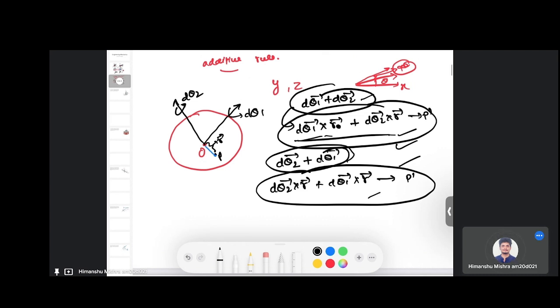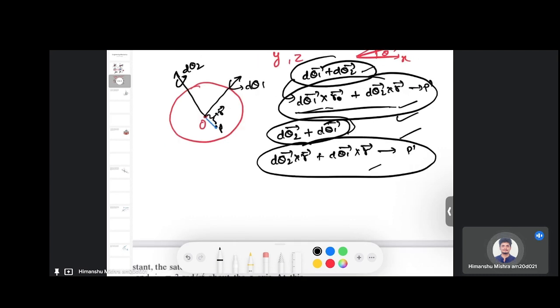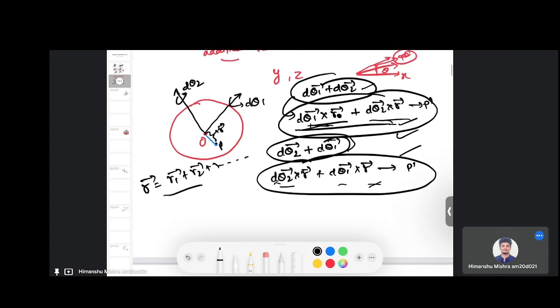A vector can follow the linear combination of other vectors. For example, a vector can be defined by r1 plus r2 plus and so on. So it follows the additive property, and you can see that from here it satisfies the additive property. And if you reverse the case, it actually moves to the same point.